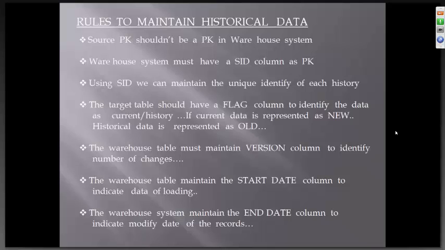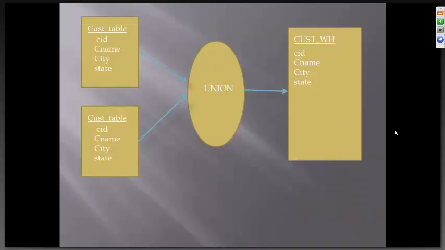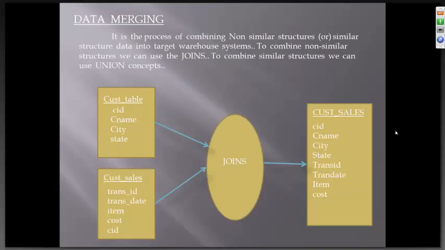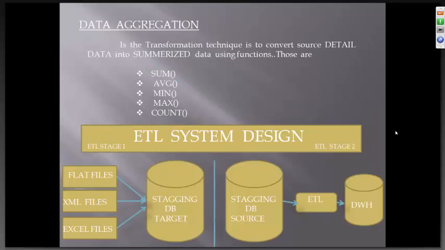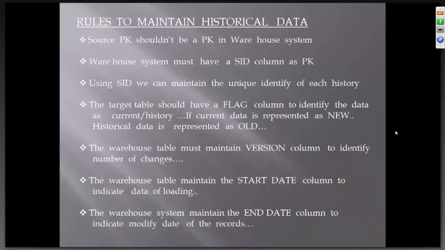If it is similar structure tables, we use union to combine the data. So that is the data merging concept. This is for unions and this is for joins, data merging, right? And data aggregation also we discussed.